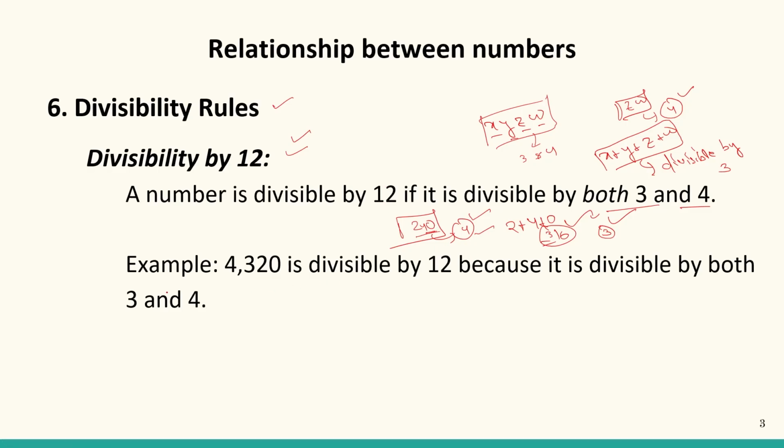Another example is 4320. Here you can see that the last two digits are 20. This is divisible by 4, as 4 into 5 is equal to 20. What we further need to evaluate is whether 4320 is divisible by 3 or not. 4 plus 3 plus 2 plus 0 is equal to 9, and you know that 9 divided by 3 is equal to 3.